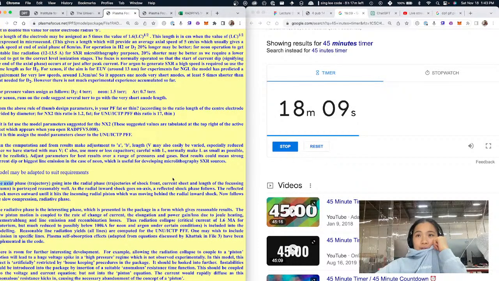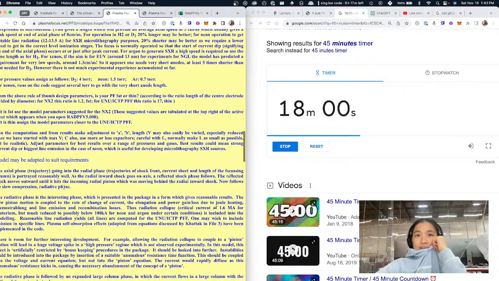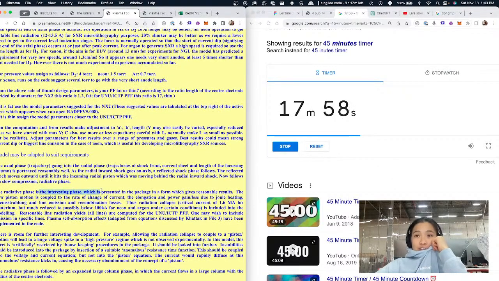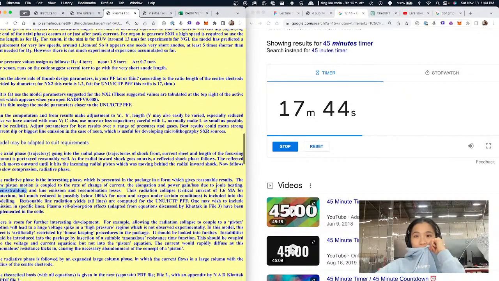Yes, axial phase, radial phase. Slow compressive radial phase is an interesting phase. Yes, packaged in the form of reasonable results. Slow phase. Yes. Okay. Number phase 3. The Bremsstrahlung. Oh God, I butchered that. Okay.